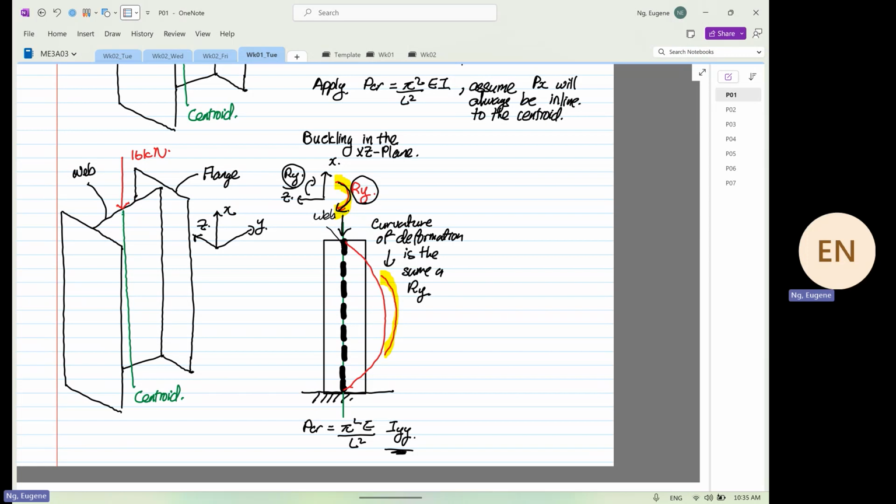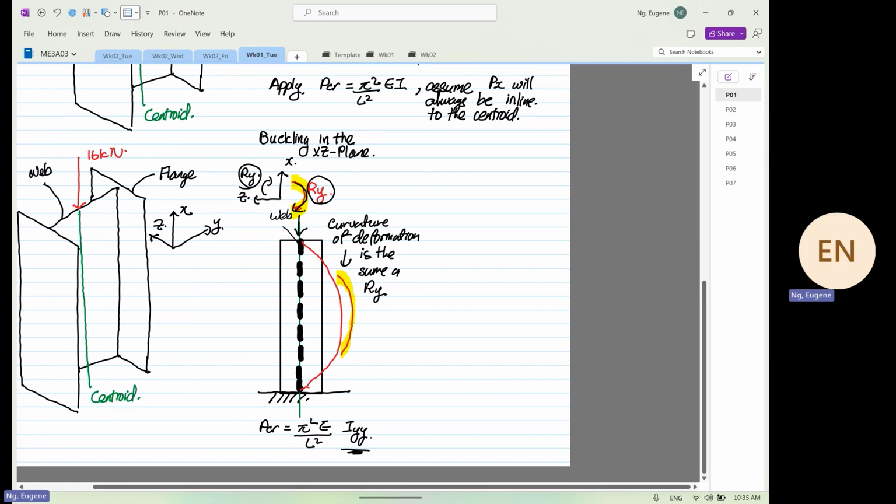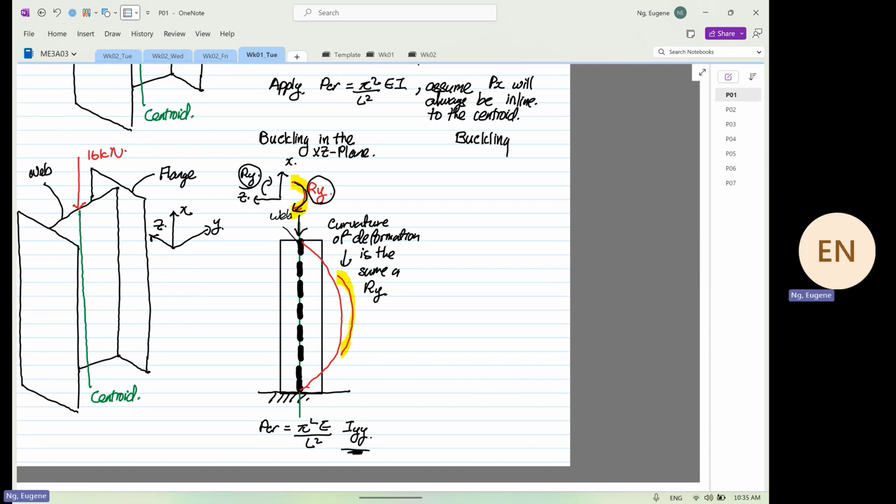Now, there's another possibility we don't know yet, and this is new. Buckling can occur in the XY plane. So there are two possibilities. What do I mean by XY plane?